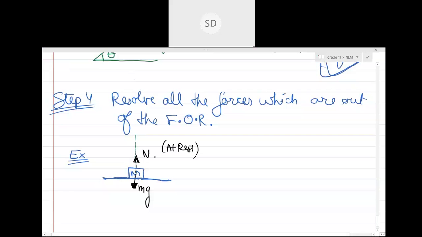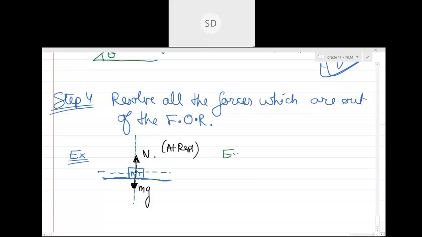You choose a frame like this. Can you see the green one? Why have I chosen the green one? There were two forces acting, and I chose a frame in such a way that, since the object was at rest, both the forces came inside the frame, right? Yes or no? Yes, sir.